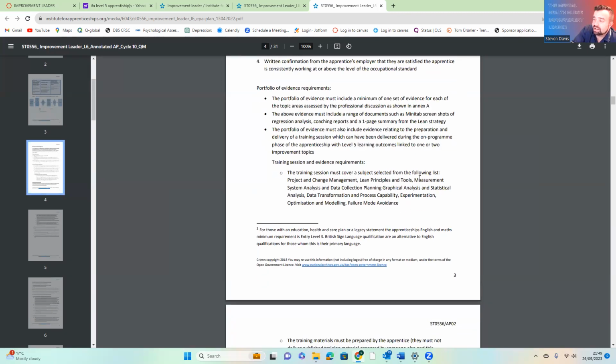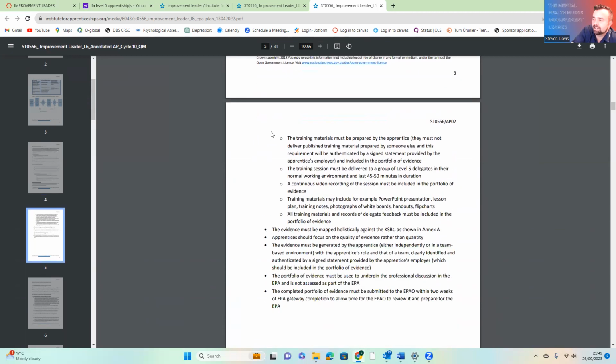The training session must cover a selection of lean projects and change management. You must use measurement tools. That's fine because we're going to be doing that. And again, the training material must be presented by the apprentice, and must not be delivered from published training materials. So you have to develop your own training materials for your presentation.